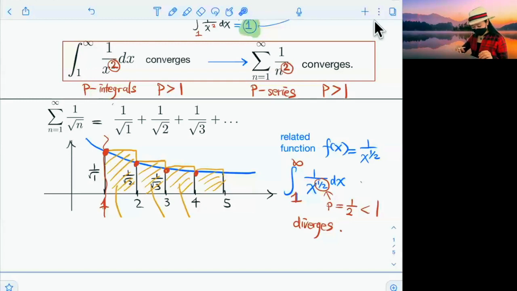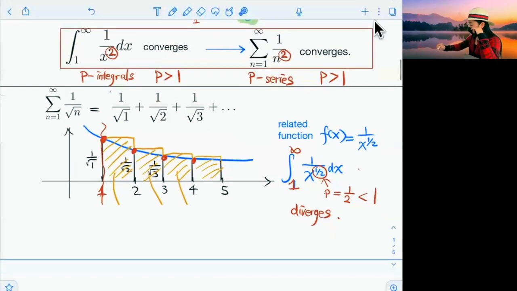Now I'm going to ask you the area of all those, the sum of all those rectangles. Let's look at the area for the first one. What is this area? 1 over square root 1 multiplied by what? The width of this rectangle is what? 1. Yes, all of them have width 1, right?